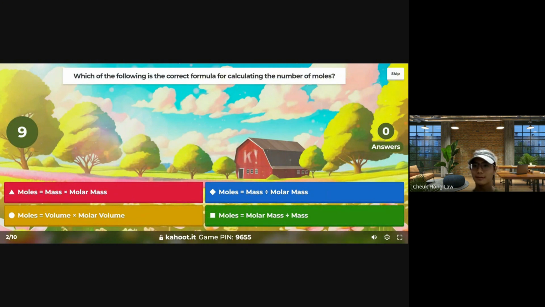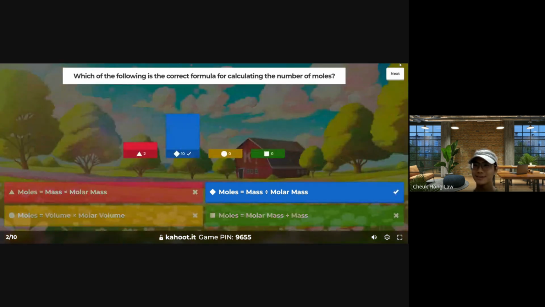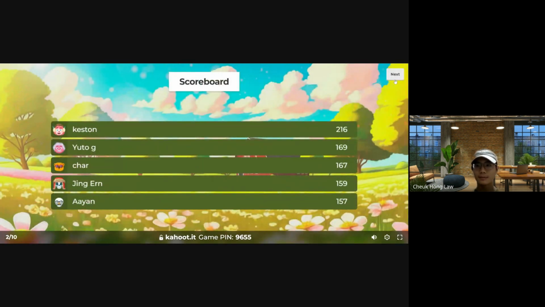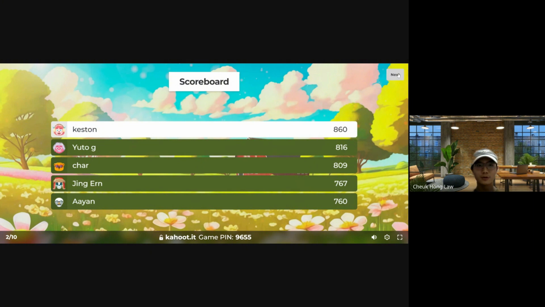Now we start counting points. Which of the following is the correct formula for calculating number of moles? Okay, the questions will get progressively harder. Okay, mostly got it correct. So moles equals mass divided by molar mass. All right, Keston, good job.